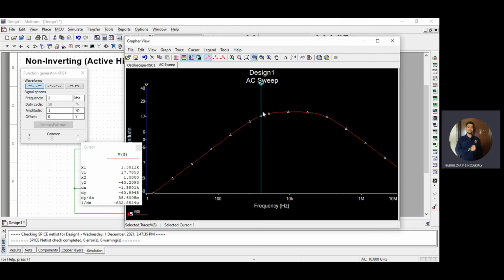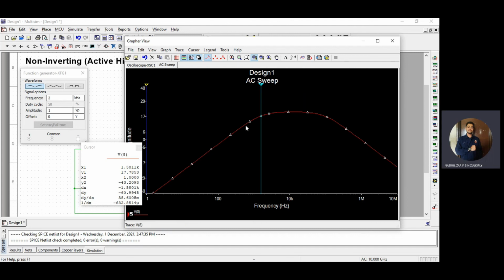If we subtract 17.78 decibel from the 20.67 decibel, we get close to negative 3 decibel. So the conclusion is that we have successfully created the circuit.